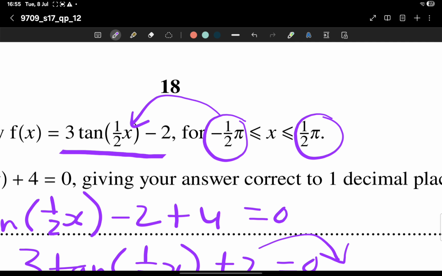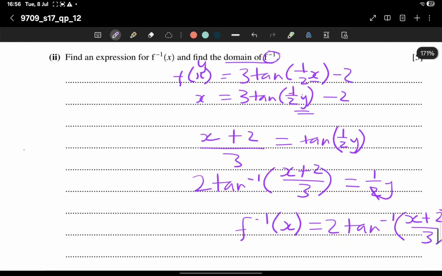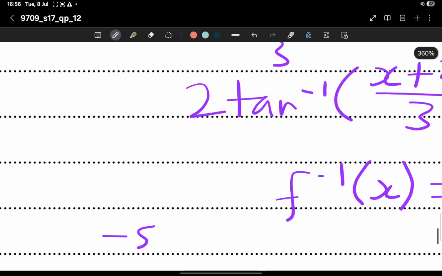If we sub in -π/2, we get 3 tan(1/2 × π/2) - 2, we get -5. And if we sub in π/2, we get 1, right? So our range of f(x) is going from -5 through to 1, and that will be our domain for f⁻¹, which is the inverse. It's going from -5 through to 1, right?